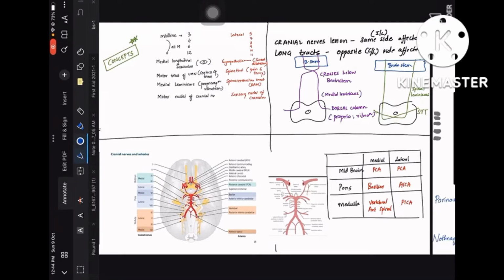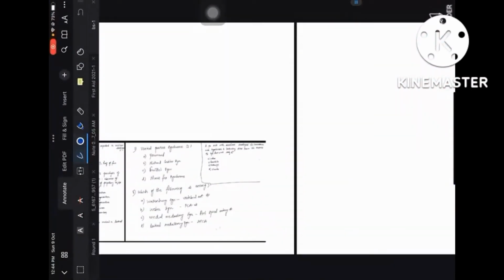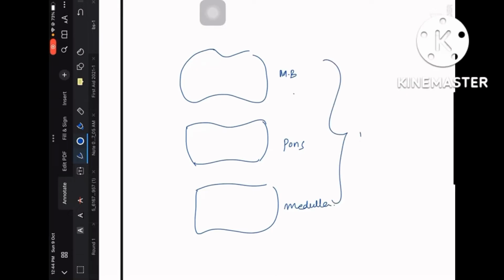First thing that you need to remember here is two points. Whenever you take a cross section of the spinal cord, or let us suppose this is the cross section of the midbrain, and this is for pons, and this is for medulla, these three together constitute the brainstem, right?